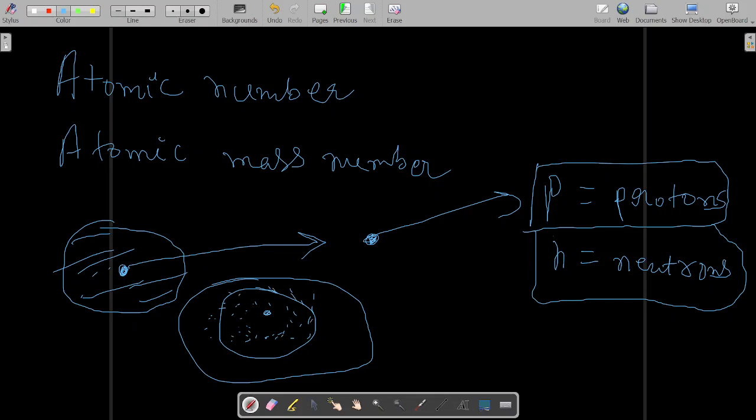But when I talk about the nucleus, I will not talk about electron or any other particle. I am restricted to protons and neutrons. I mean a normal nucleus, a nucleus which is found in nature.